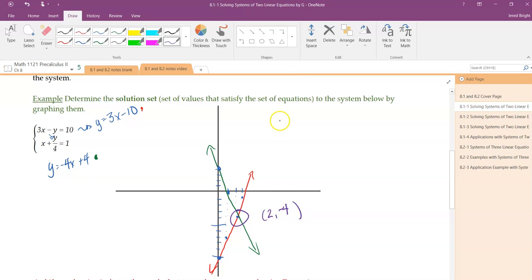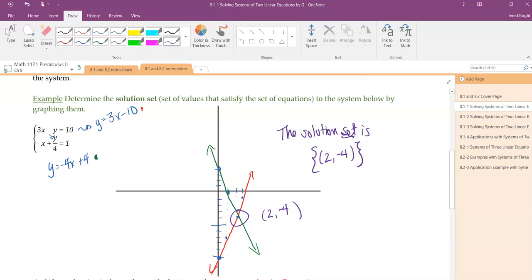I maybe want to get a better sketch just to confirm, but I would say the solution set is the point (2, -4), but since we are saying a set, we have to include it in set brackets, those curly brackets.